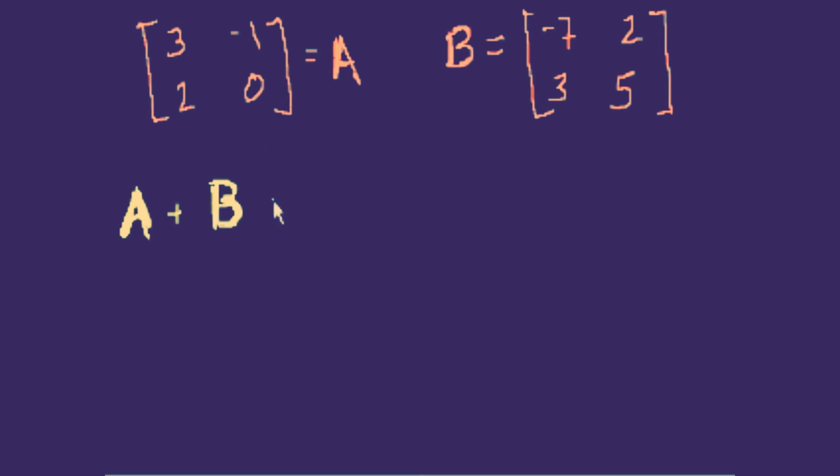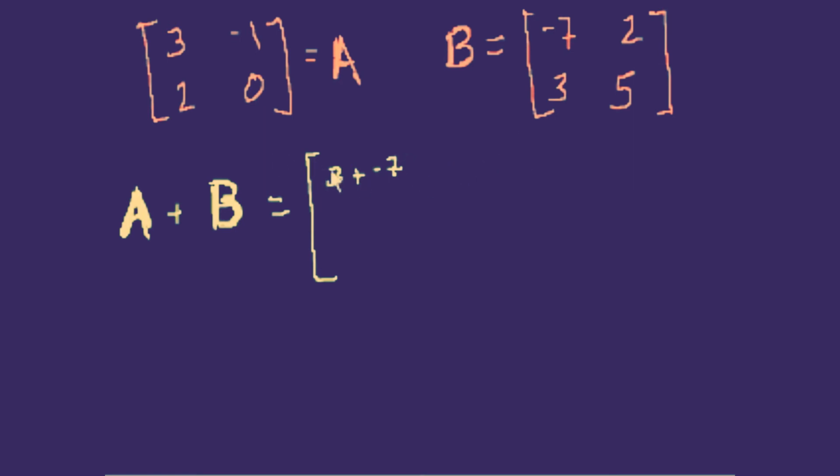So when you add two matrices, you essentially just add the corresponding elements. How does that work? Well, you add the element that's in row 1, column 1 to the element that's in row 1, column 1, right? So it's 3 plus negative 7. That'll be the 1, 1 element.